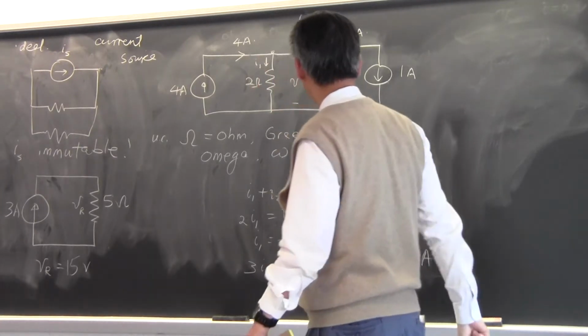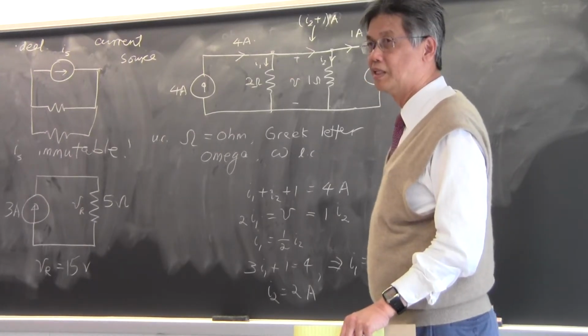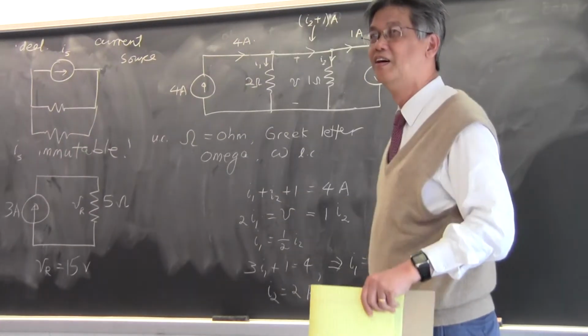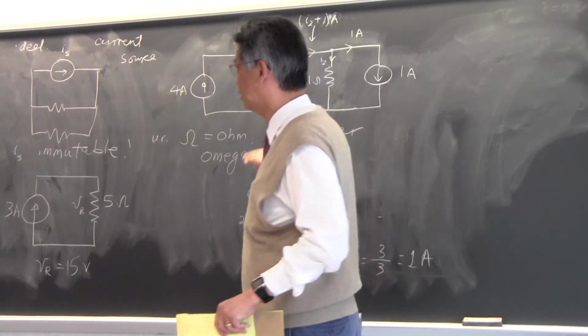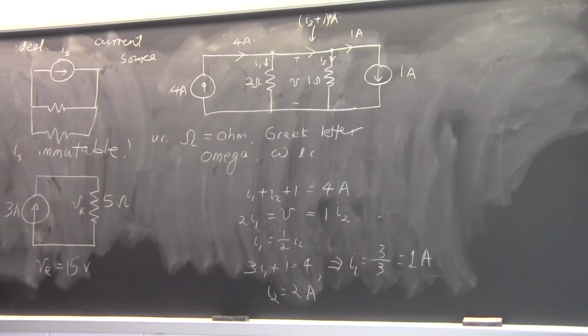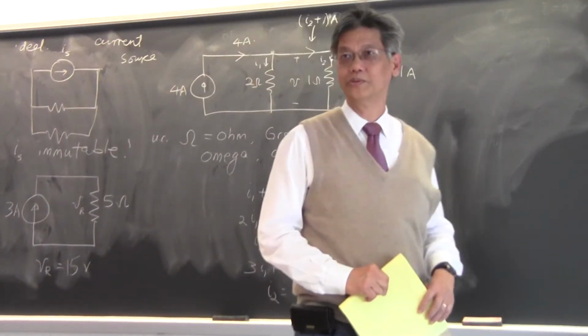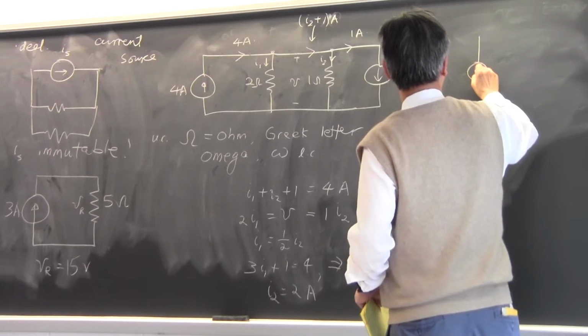What other ways could we have solved this problem? By reducing it to a simpler circuit. Yes? You can use parallel resistors. Right, very good. You can connect these two in parallel, just like you can connect two in series, and consolidate these two resistors into one and reduce this to a simpler circuit that will look something like this.